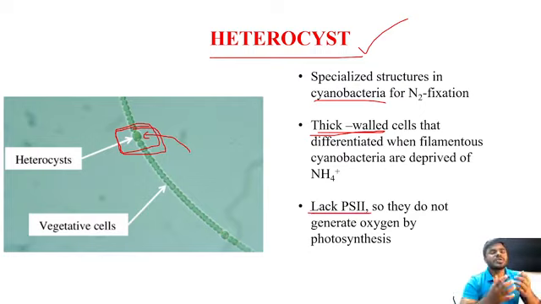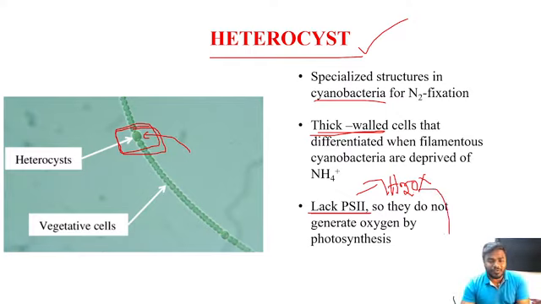Now you can ask me, sir, what happens when there is a lack of photosystem 2? We already read, when there is a lack of photosystem 2, photolysis of water, that is breakdown of water, never takes place. If the water breakdown never takes place, oxygen is not at all released. Simple concept. That is our ultimate goal.